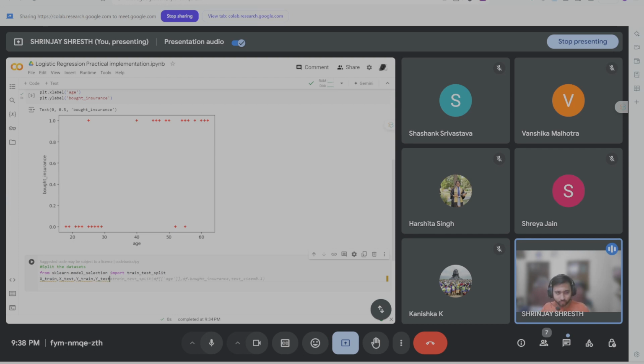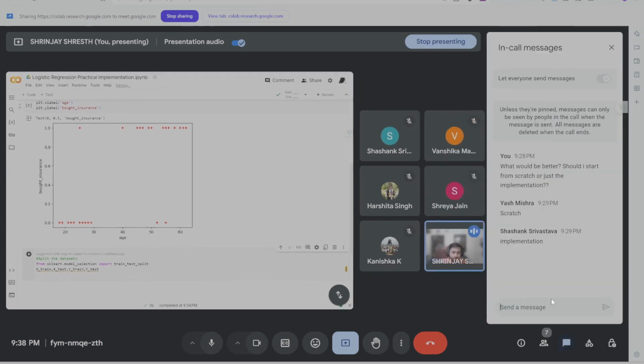And now what we want to do is, there is, if I could make you share this thing, the train test split module. Just kindly open it on your browser. Let me share it with you.